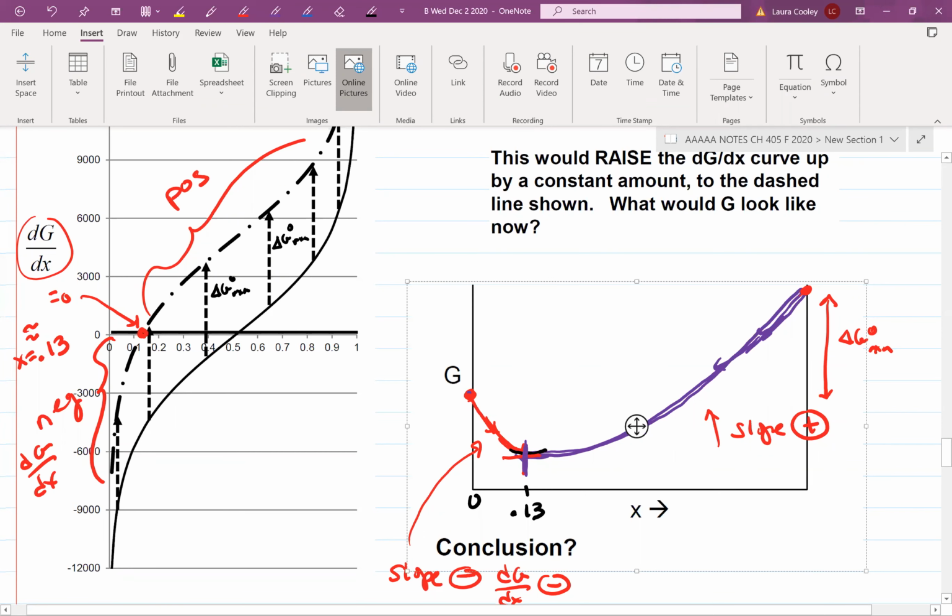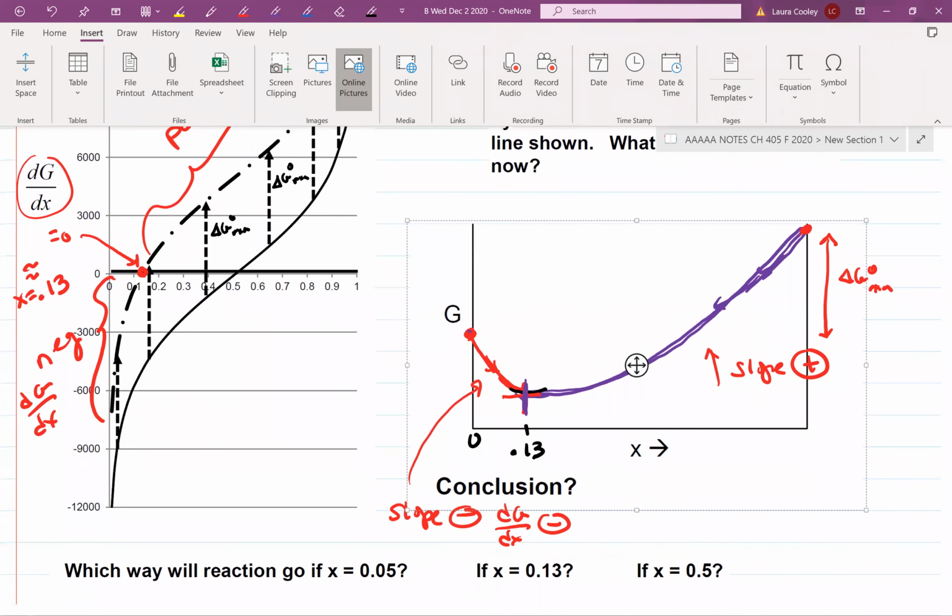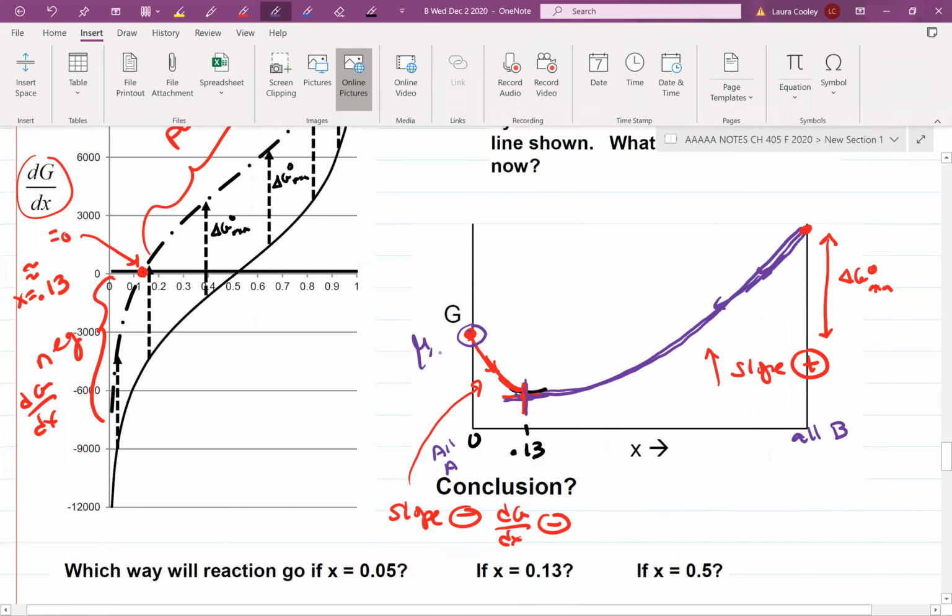So you can see that what's going on here is that the equilibrium will always lie on the side with the lower standard Gibbs energy when it's pure. This is all A and this is all B. This is mu A 0, this is mu B 0.